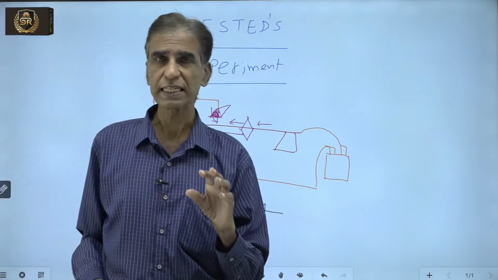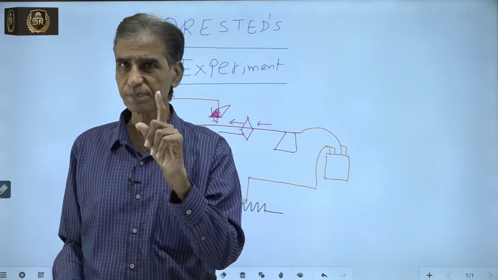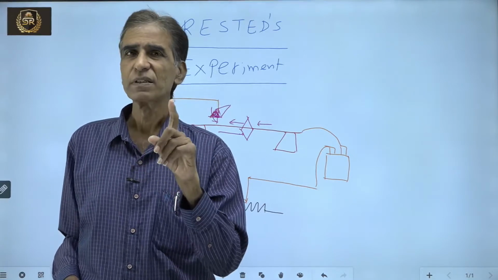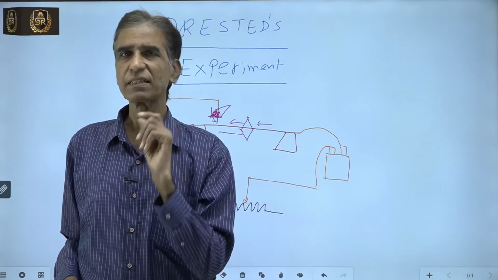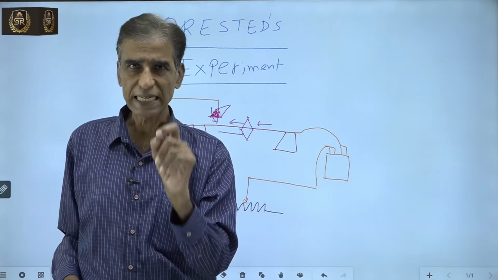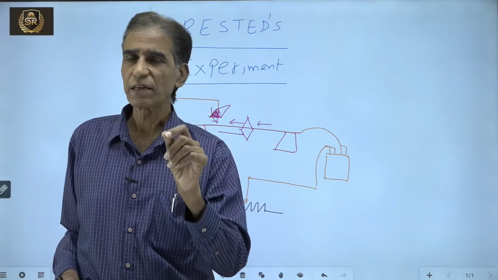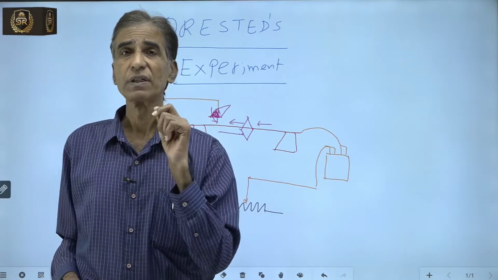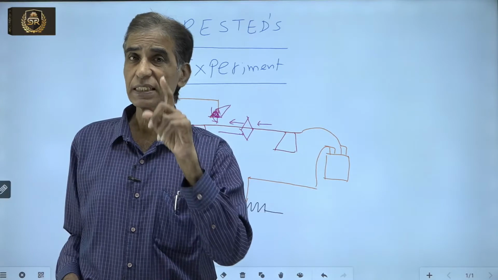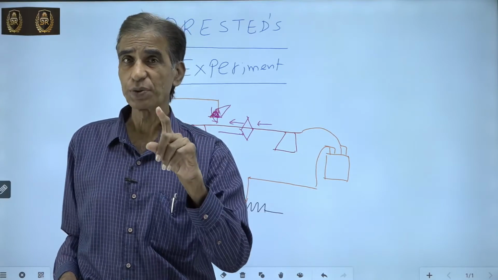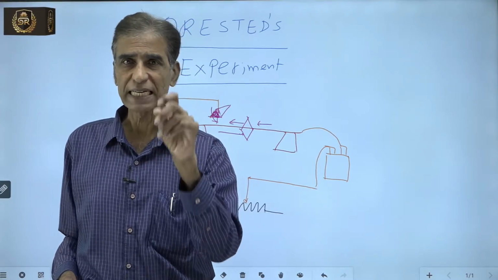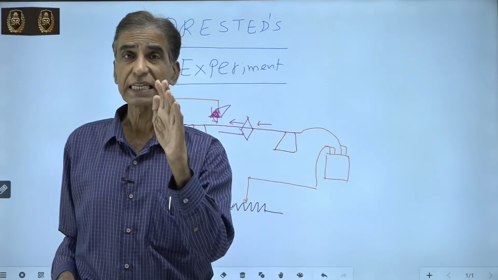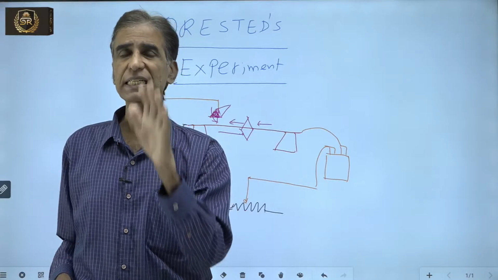So during Oersted experiment, it was observed, number one, whenever current is flowing through the conducting wire, there is a deflection in the magnetic needle. Number two, the magnetic needle always aligns perpendicular to the direction of the current flow. And number three, the deflection magnitude, the angle through which the needle is deflected, depends upon the strength of the electric current.